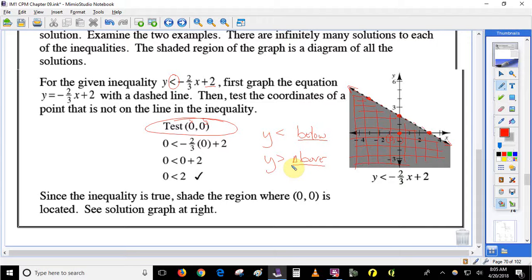So here we had y is less than negative 2/3 x plus 2, so we shade below the line. Now if I were to switch it and put the y on the right side of the inequality, that's going to change this situation. So be careful with that. Make sure the y is on the left if you're using that little shortcut.